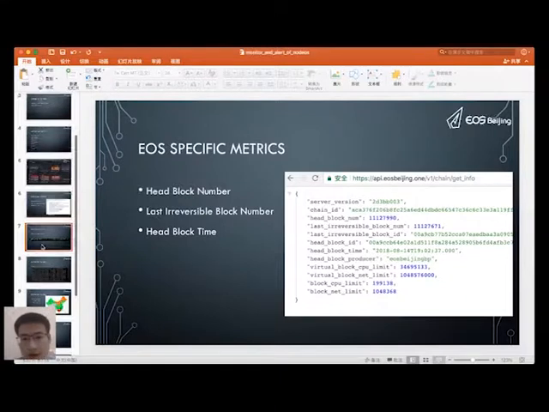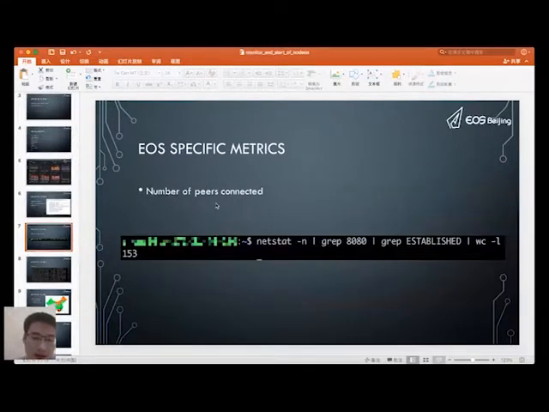And also, you are going to monitor the number of peers that your node is connected to. It's because there is a limit on every node, every peer, for the connections it is set to accept. So even if you configure a lot of peers in your configuration, your connection may not be accepted.